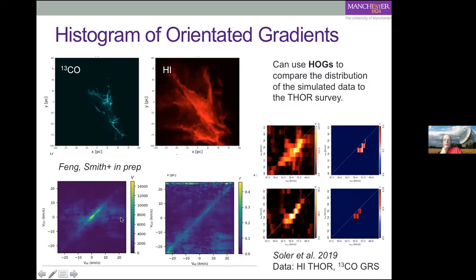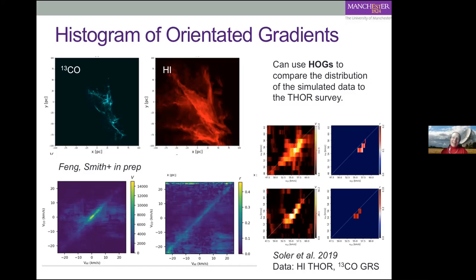And one of the things we can do is use this to compare the emission you would see from 13CO, a molecular gas tracer, with the atomic hydrogen, to see how closely those different phases of the interstellar medium, which I talked about in the introduction, are associated with each other. And what we find in the survey is, for the most part, they absolutely line up. But where we see differences, every so often you will see an offset. And again, we wonder whether this might be an indication of feedback.